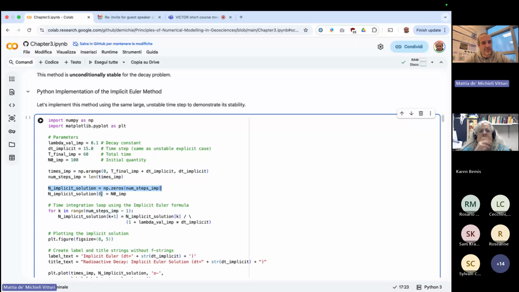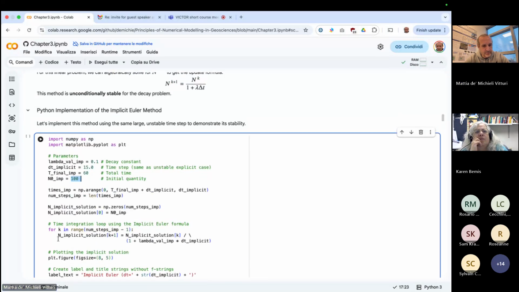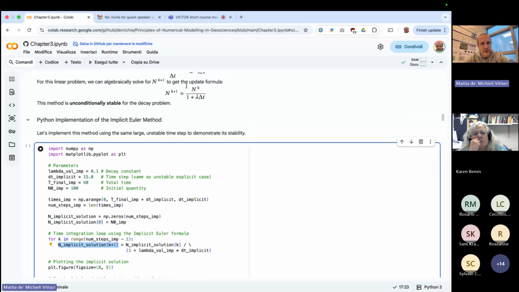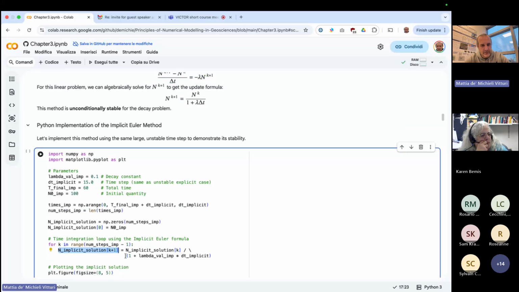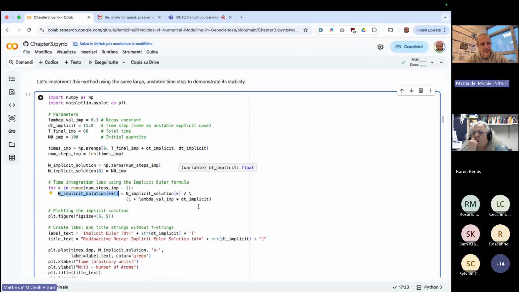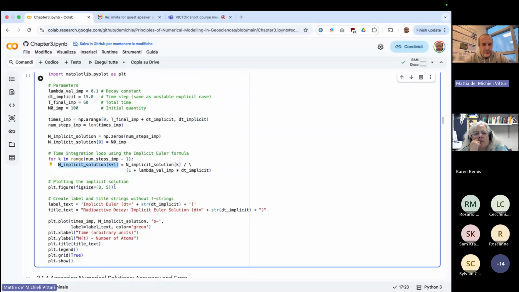We initialize the first element with the initial value, which is the same as before, 100. And then here we use the formula that we have obtained for the implicit scheme. So it's the old one divided by 1 plus lambda multiplying delta t. We create the figure, we plot our solution.